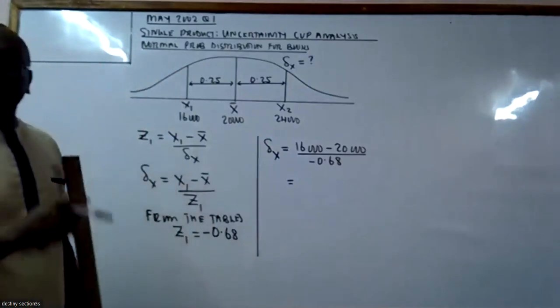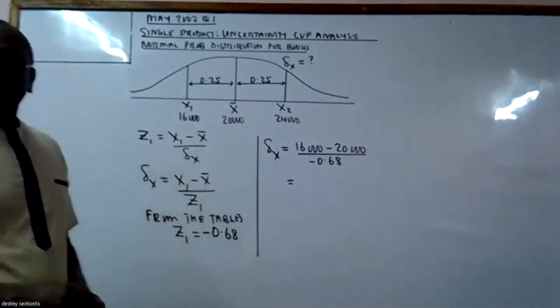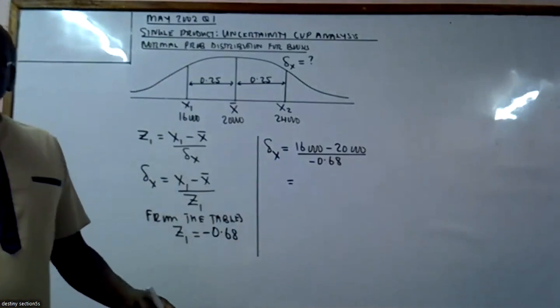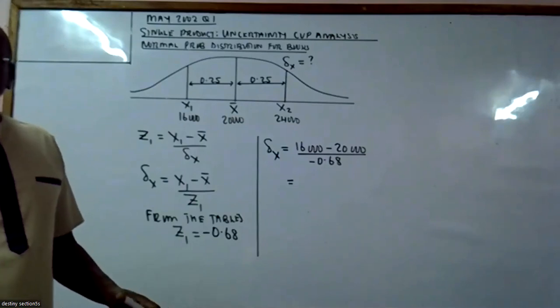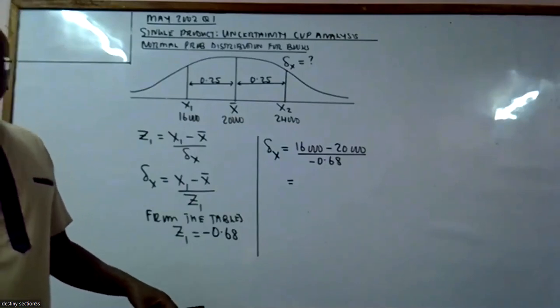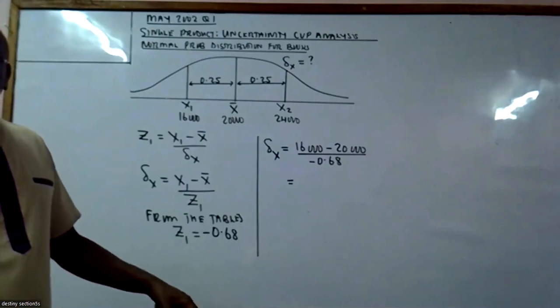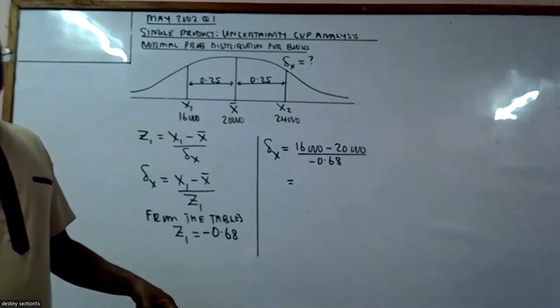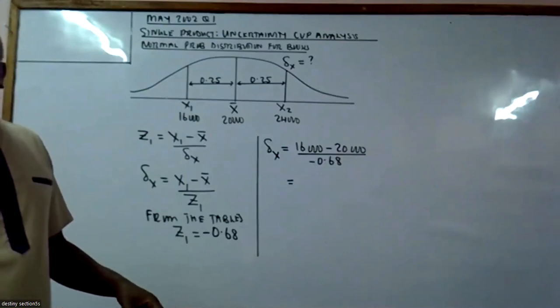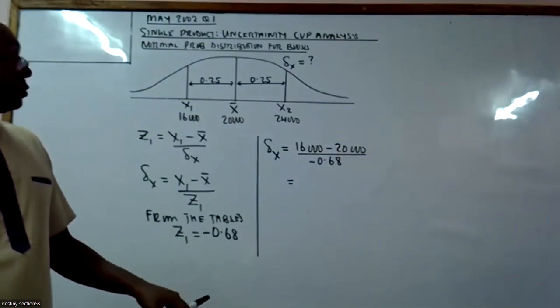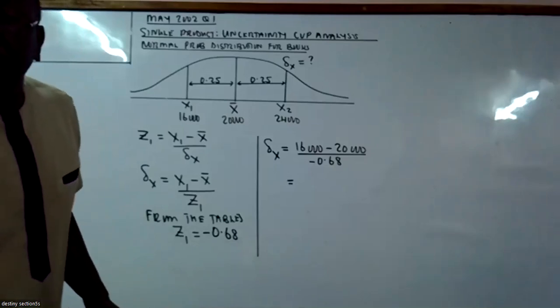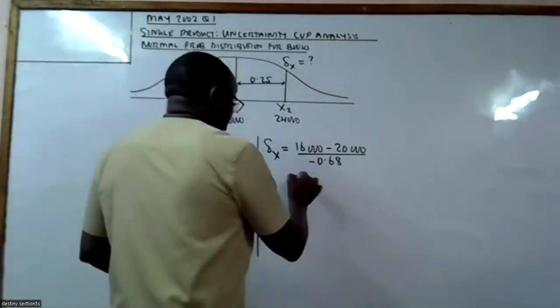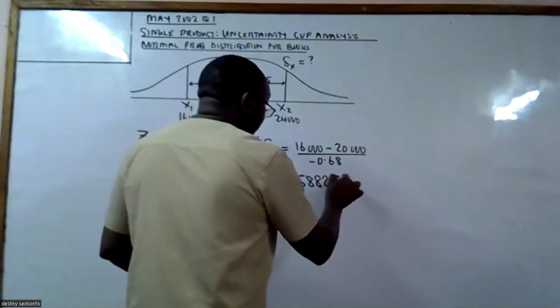You divide by that. That gives 5,882.35.